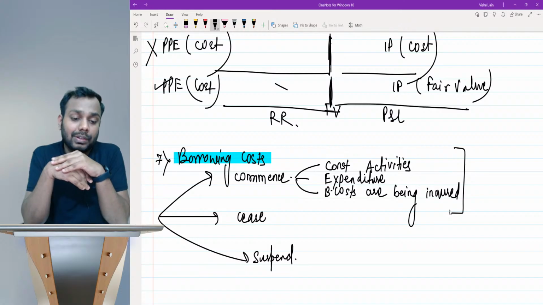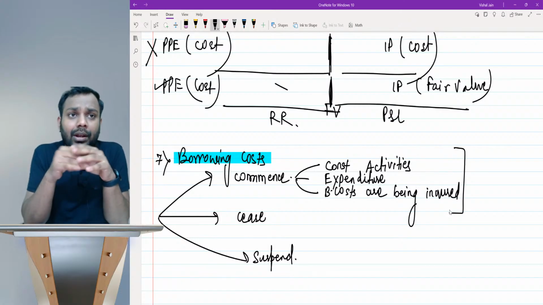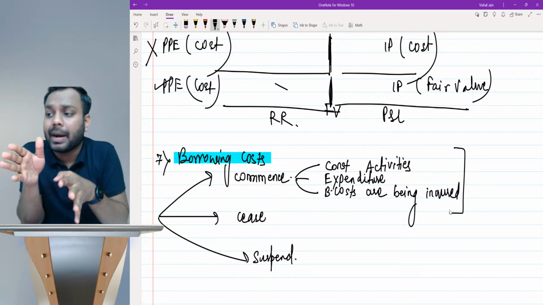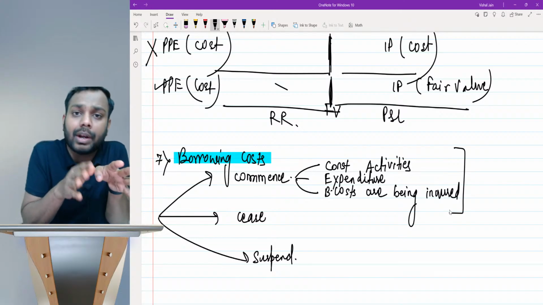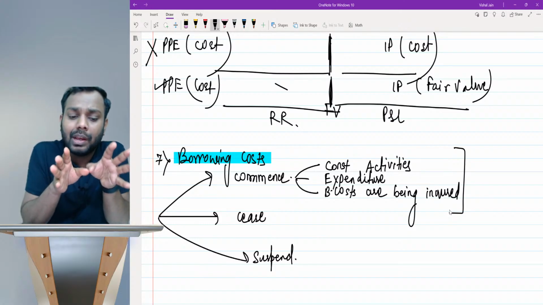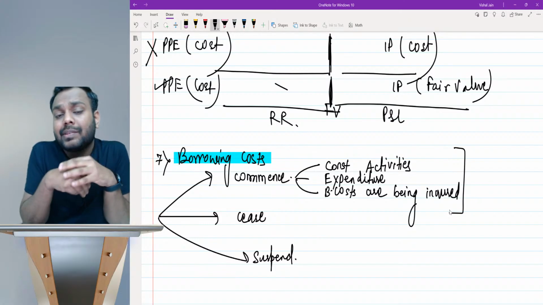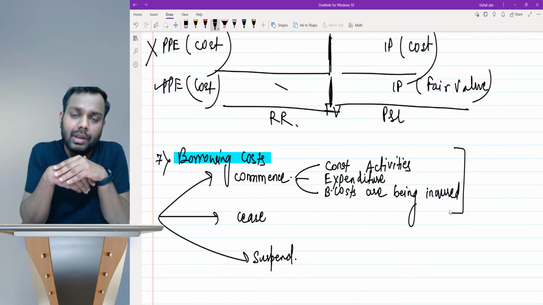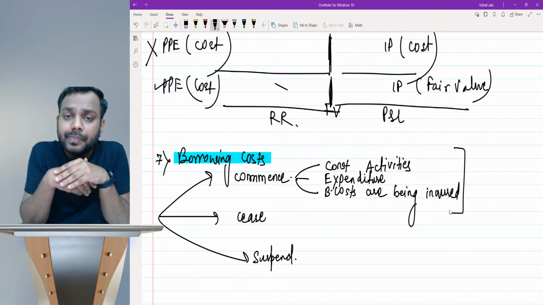Okay. Now, when will it cease? When the asset is completed, fully or in part. When the asset is completed fully or in part, then the asset will be capitalized, and then we can cease the capitalization of borrowing cost. Is that clear to all?